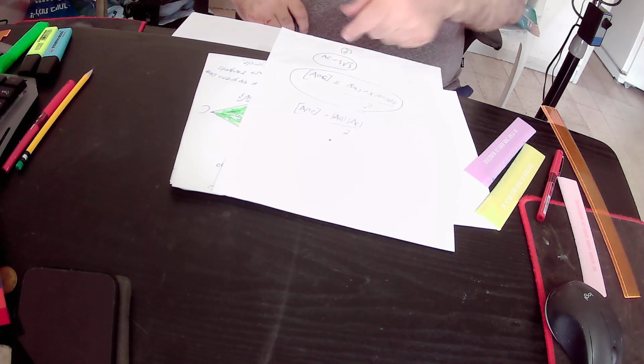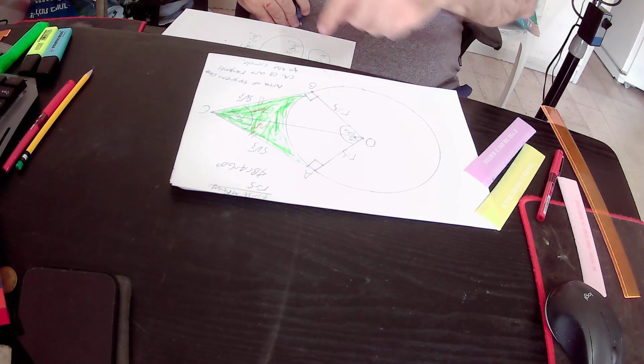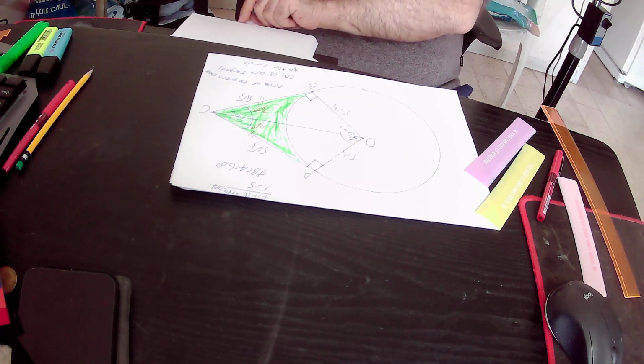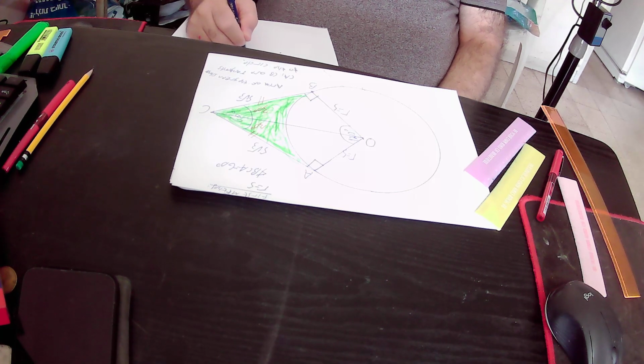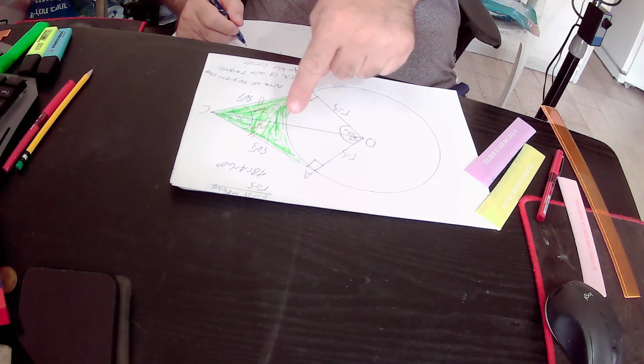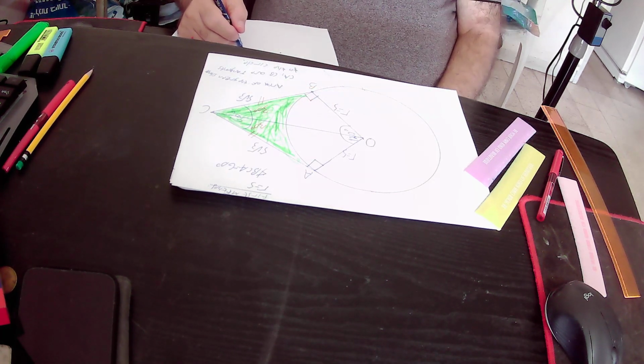But we know that AO equals 5 units. This is the radius of this circle, so we can substitute AO by 5. And we also know that AC equals 5 times root 3, so we substitute AC by 5 times root 3, over 2.